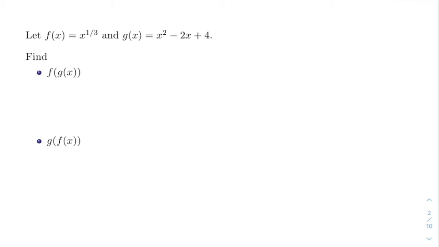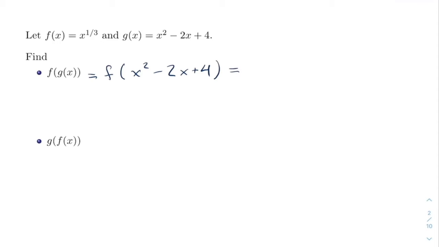In the first example, we have that f of g of x is equal to f evaluated at x squared minus 2x plus 4. And remember, f is x to the 1/3.